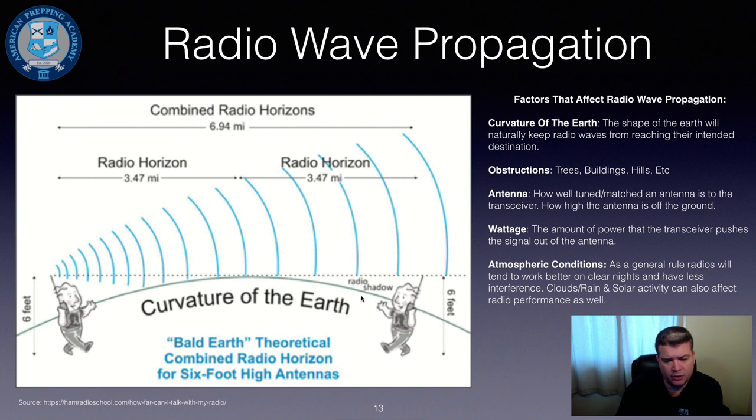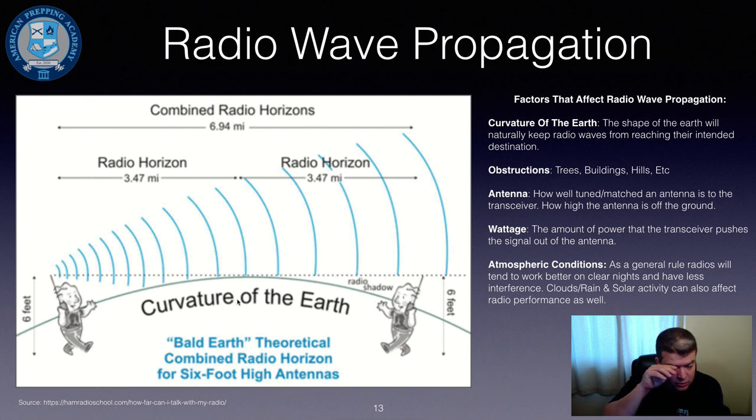If we look at the curvature of the Earth, we can see up here that if it was totally flat, a totally bald Earth with no terrain or anything, generally the radio horizon or the optical horizon is going to be about 3.47 miles. And that's to the point where you can see the horizon, basically.